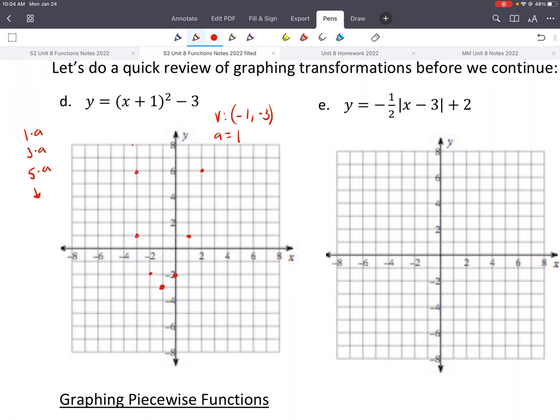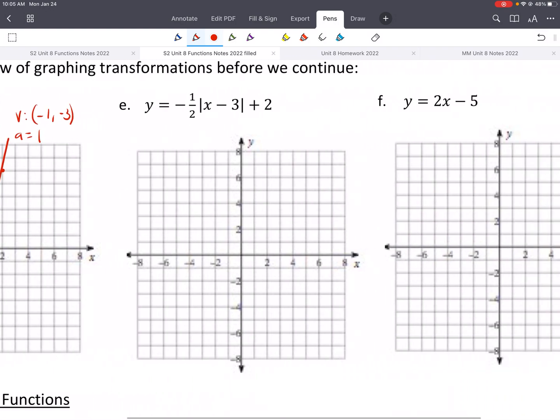Okay, so you're going to do this very similarly when we do the piecewise functions, it's just that your graph may start and end at certain parts. All right, here's an absolute value function.